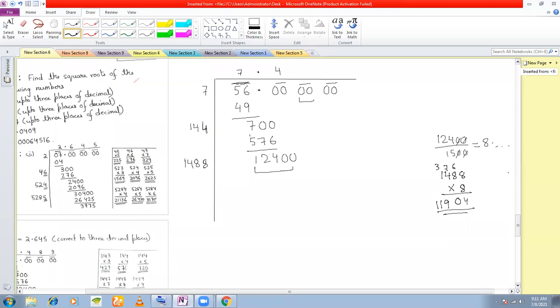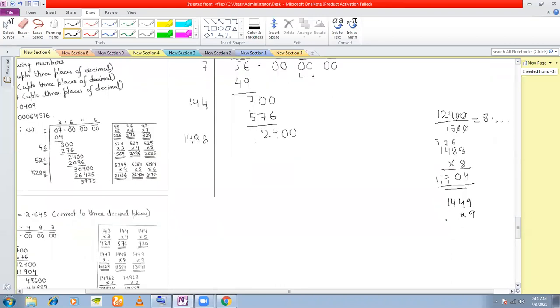Should we keep 8? Because 11,904 is very close to 12,400, you can try with 9 also. 1489 into 9 gives 13,401. But this is greater than 12,400. So therefore we keep 8 here.